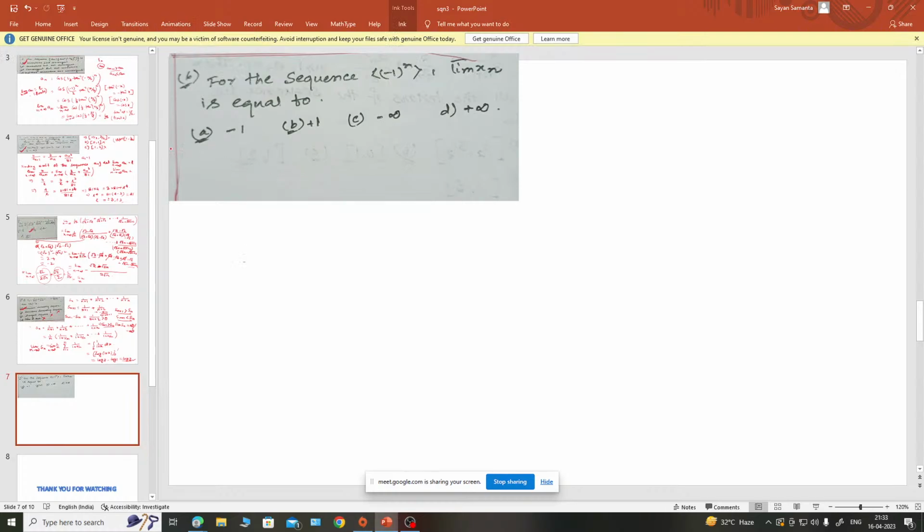So the given question is: for the sequence minus 1 whole to the power n, the limit supremum, that is limit upper bar of xn, is equal to which option is correct. This is a very easy question, a 1 to 2 minute question. Everyone try it and please comment.